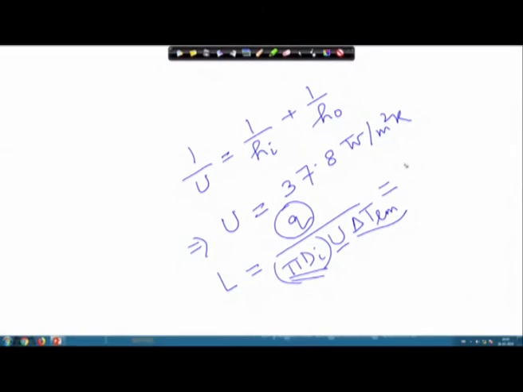So, we can find out this length to be 66.5 meter.